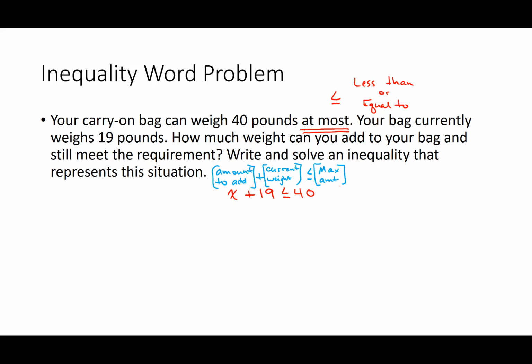We don't know how much we can add, so I gave that X. The current weight, it tells us, is 19 pounds. And then it says at most. That's where the less than or equal to comes in. And it says the most that it can weigh is 40 pounds. So that's why we used 40 to set it less than or equal to.